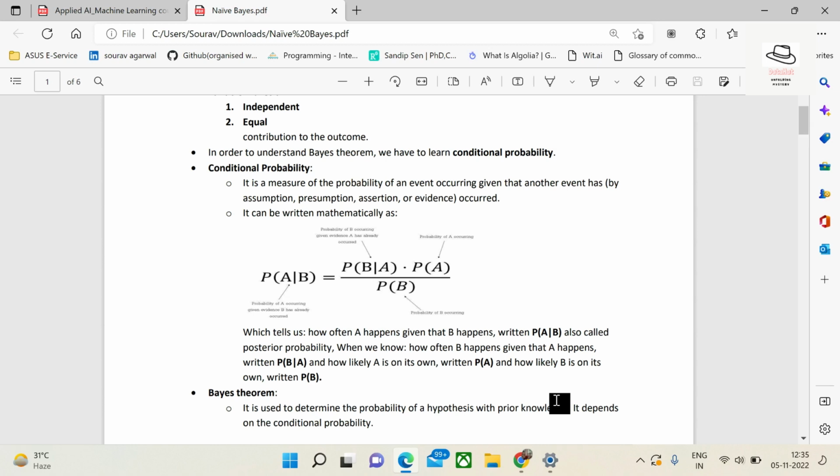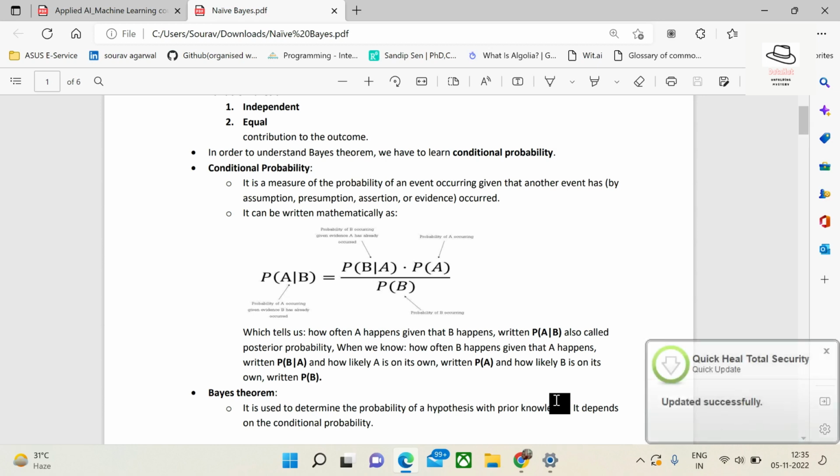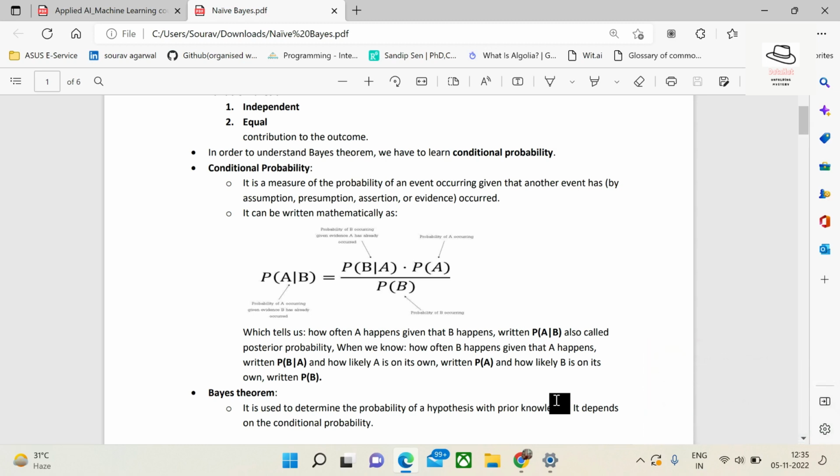So given that we already see x1, x2, x3, what is the probability that our class is C1? So here, probability of y equal to C1 given x1 equal to capital X1, x2 equal to capital X2 and x3 equal to capital X3, as you can see in the image here.